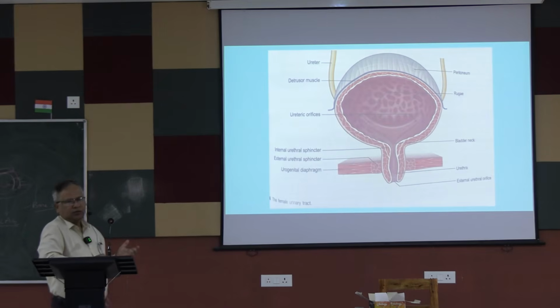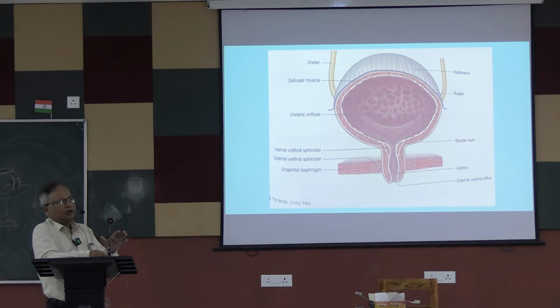In yesteryears, a woman used to bear quite a number of children, and there was always the chance of prolonged, difficult labor, and these used to damage the urogenital diaphragm. So, after middle age, say 35, 40 years, most women tended to become incontinent. We will come to incontinence a few minutes later.